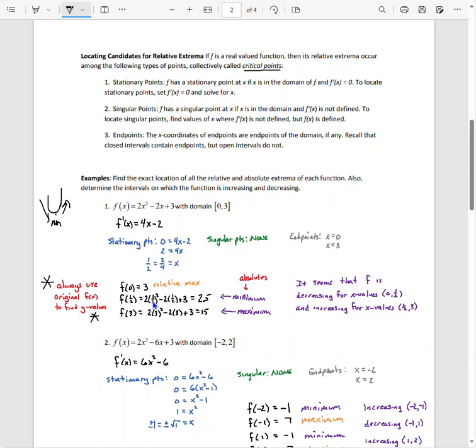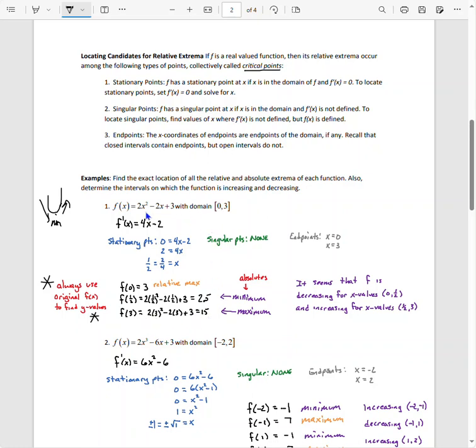So I have 1/2 minus 1 plus 3. So that's a 2.5. And I also have my other endpoint, x equals 3. And I put these in order. That way when I'm looking at them, I can kind of see how the function goes along as if we were looking at it from left to right. When I evaluate f of 3, I get 15.